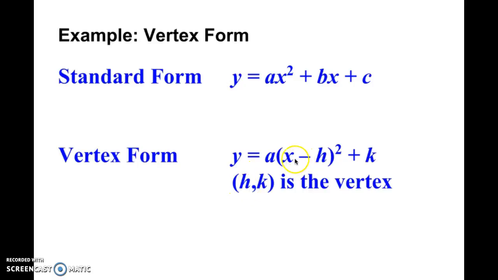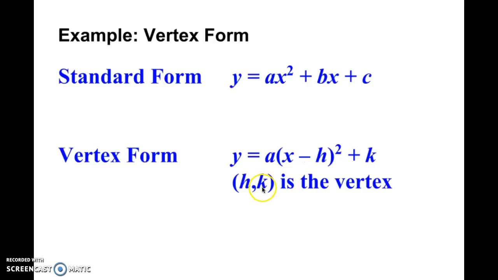So if this says x minus 3, I'm going to use 3. If it says x plus 3, I have to use the opposite, which is negative 3. The k is going to stay the same. So if it's plus 3, it's plus 3. If it's minus 7, then it's going to be negative 7.